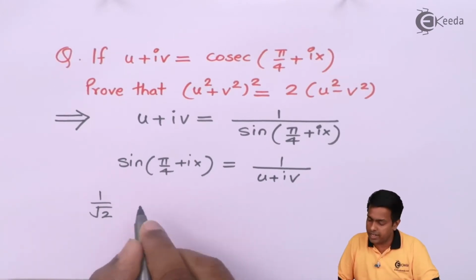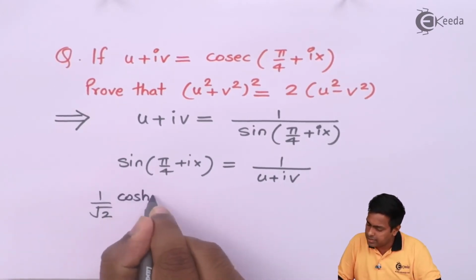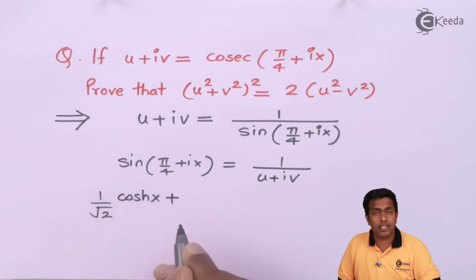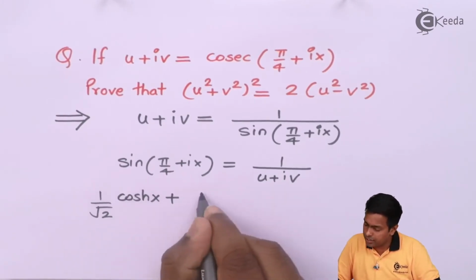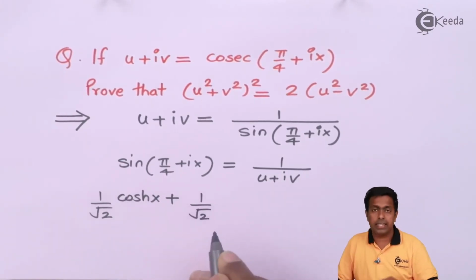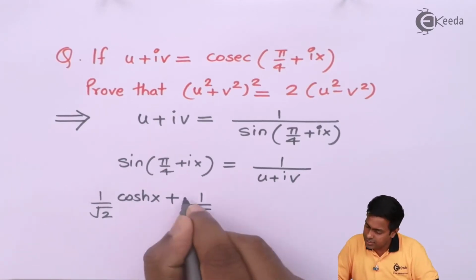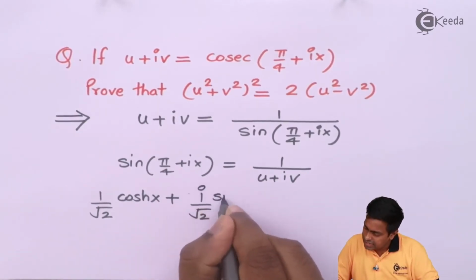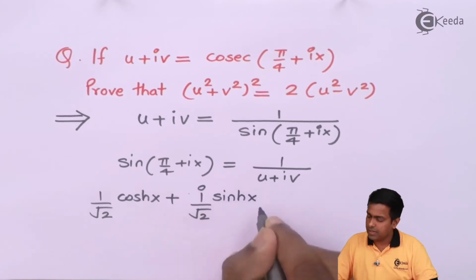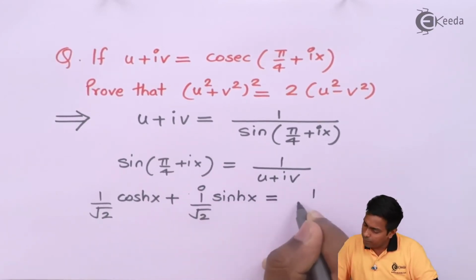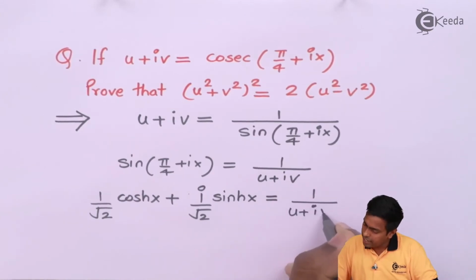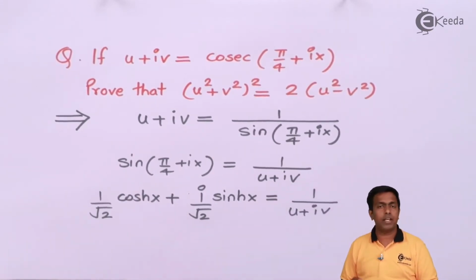Now cos of ix is cos hyperbolic x, plus cos pi by 4, which is again 1 upon root 2. Then sine of ix, which is i sinh x, equal to 1 upon (u plus iv). So guys, here we got the real and imaginary parts.